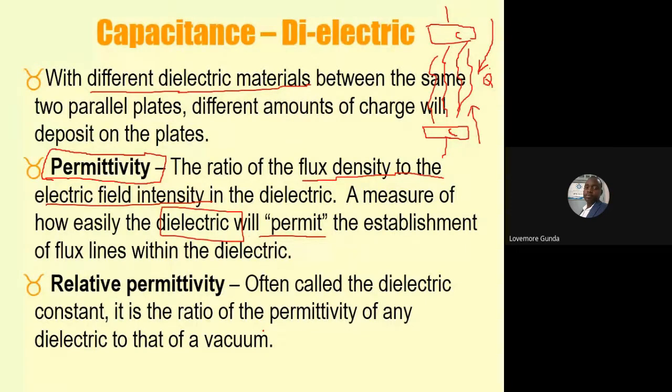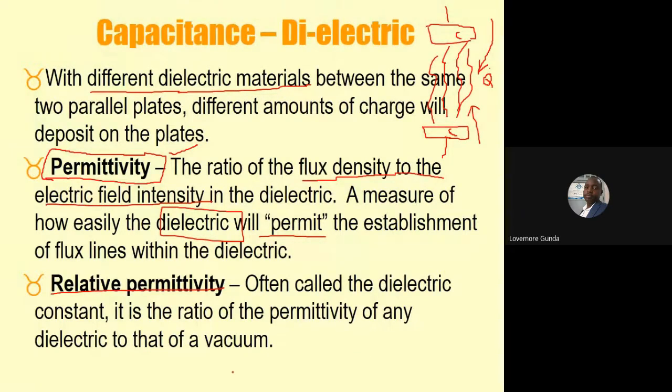Now you realize that in most cases, we don't quote the absolute permittivity of a material, but we use what is called the relative permittivity. Right?